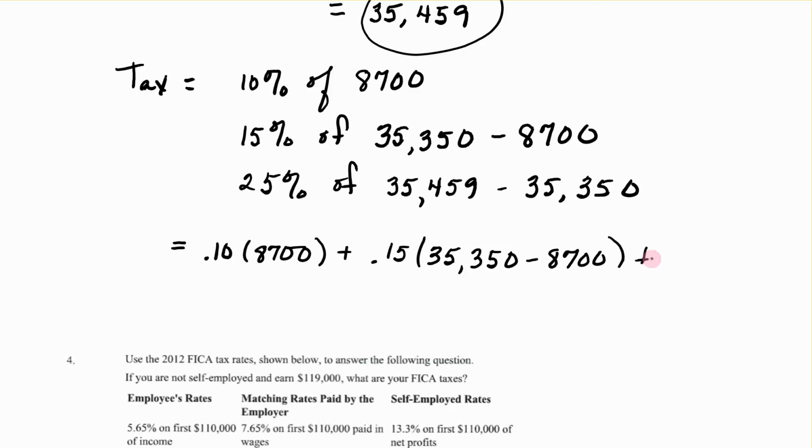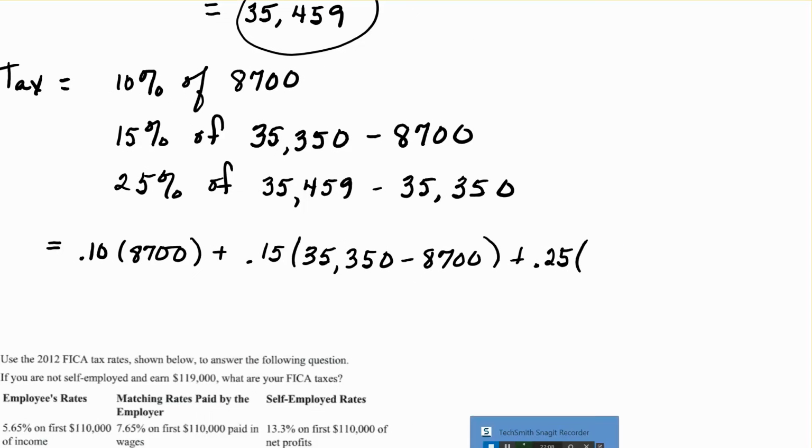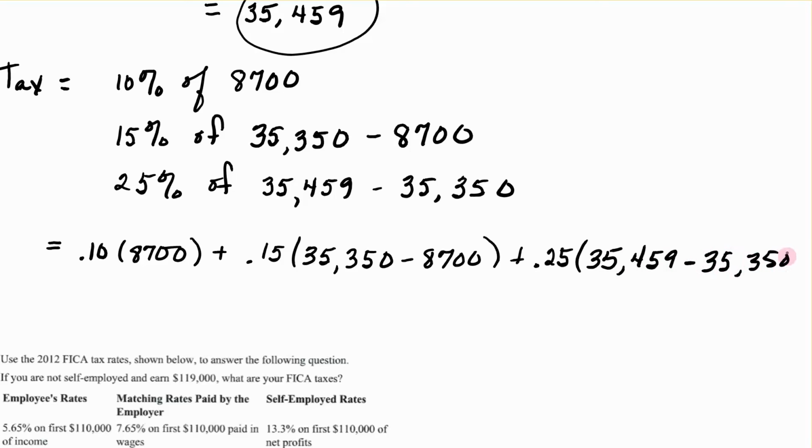Plus anything over 35,350, but up to the full amount, he has to pay 25%. That's $35,459 minus 35,350.